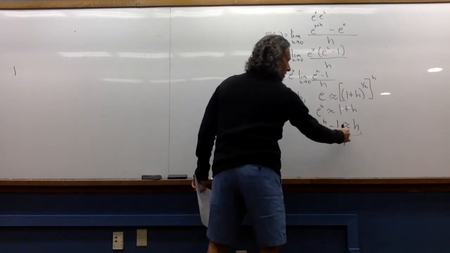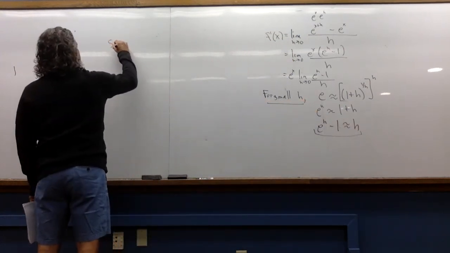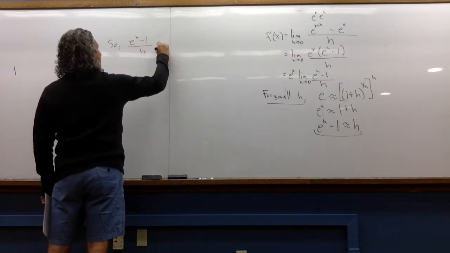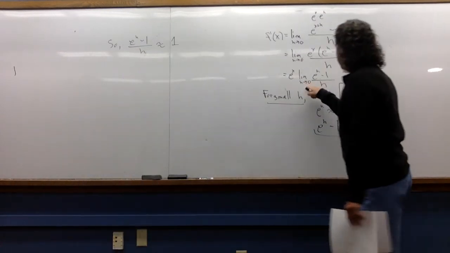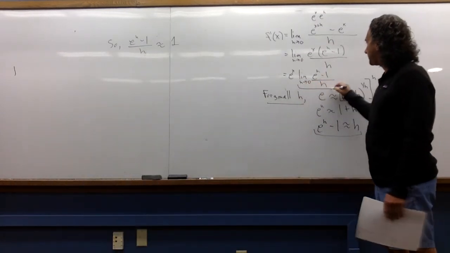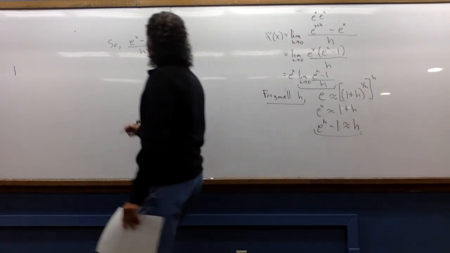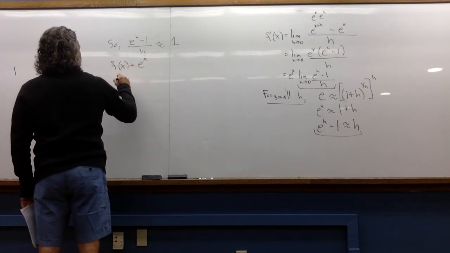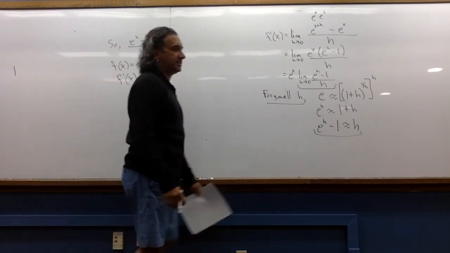Well, if this is approximately this, again, for small h, then e to the h minus 1 over h is approximately 1. Therefore, as h approaches 0, this guy is going to be 1. Therefore, if f of x equals e to the x, f prime of x equals e to the x.